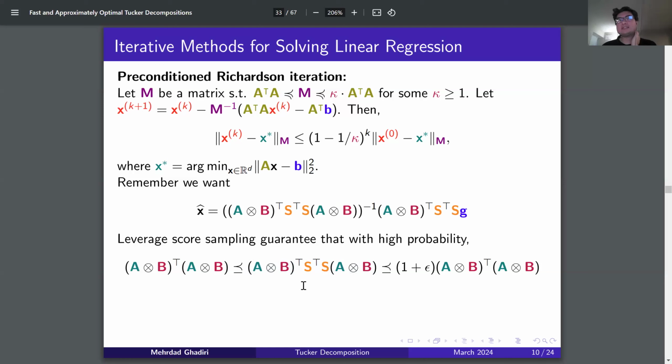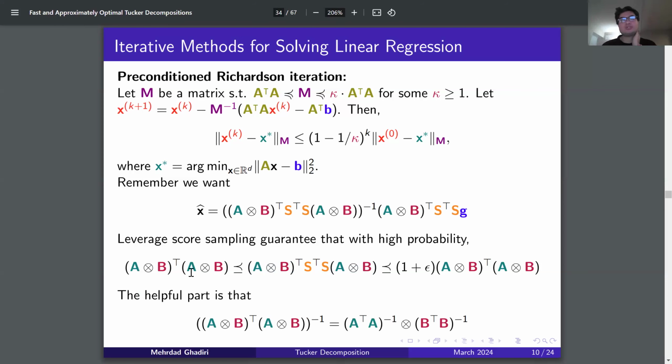So instead, I can invert the Gram matrix of the original matrix, which because of the Kronecker product structure is just this. You see two things. First of all, I'm inverting matrices with a smaller condition number, since the condition number of a Kronecker product is the product of the condition numbers. Second of all, this is much faster because these are smaller matrices.